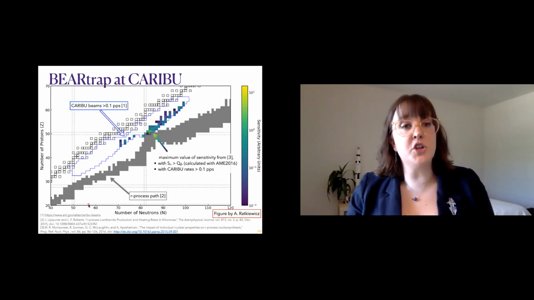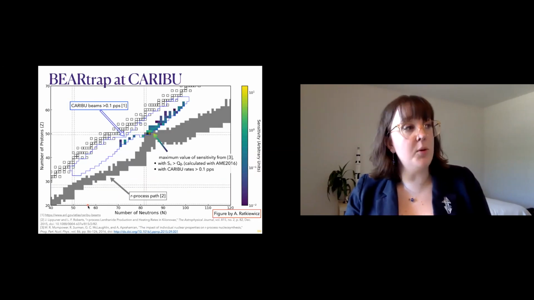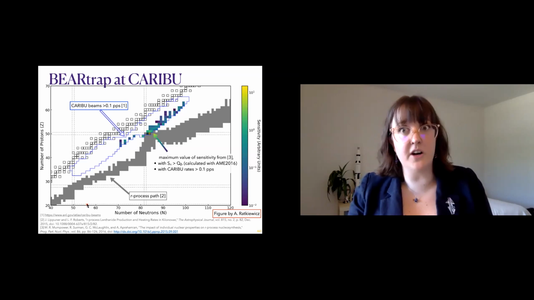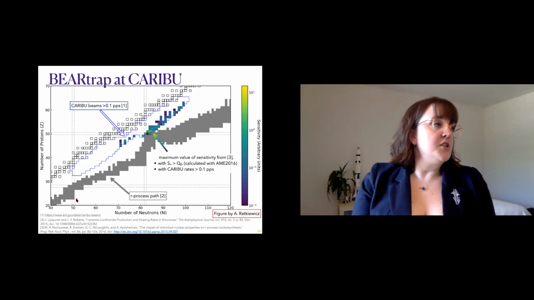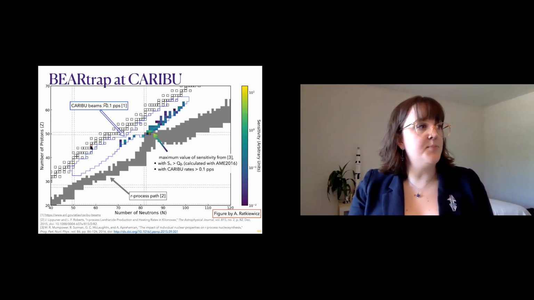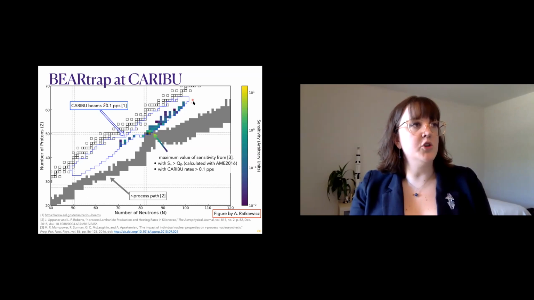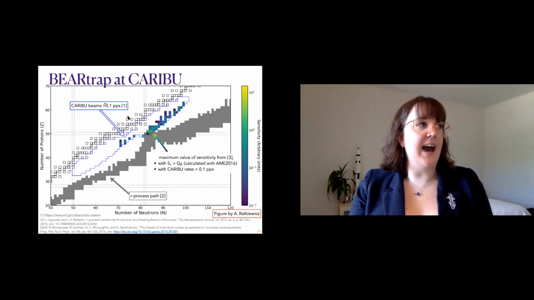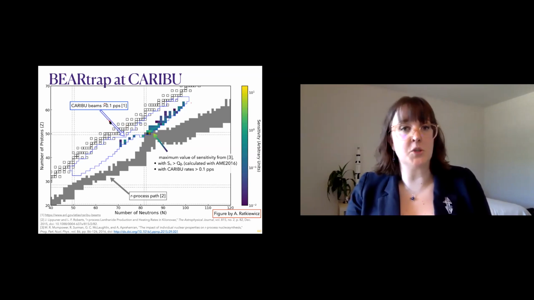In terms of the future, for BEARtrap at CARIBU, there's a whole range of isotopes that we can study. Taking the lower limit of the beam that we need as 0.1 particles per second, this blue envelope represents all the beams available at CARIBU that have an intensity greater than 0.1 particles per second.